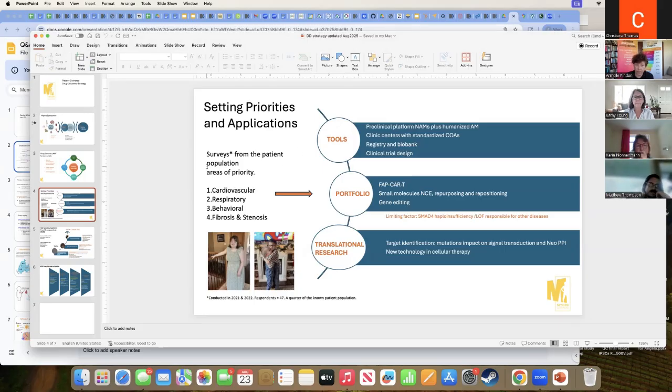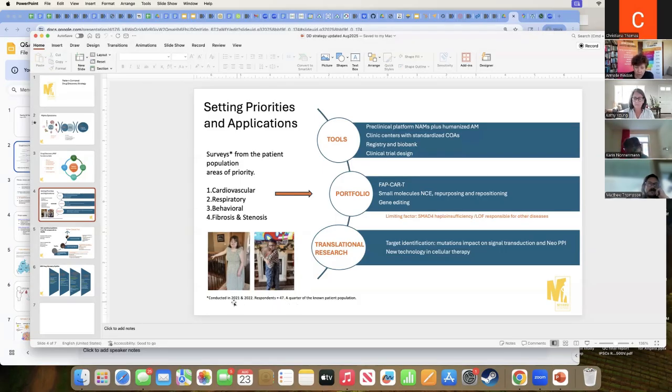Then we ask the patients what's important, because Myhre is multisystemic, it's very variable from one patient to another. So we cannot address everything at the same time. So we had to really understand what's the most important and what are the priorities for the patients.